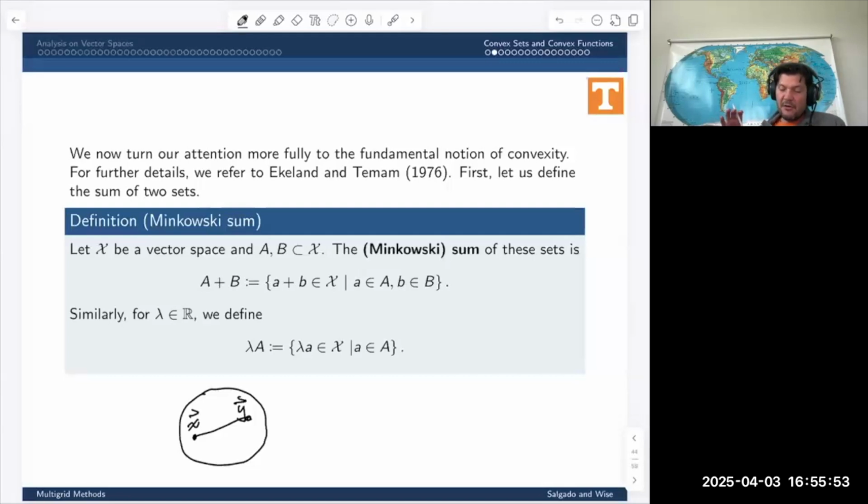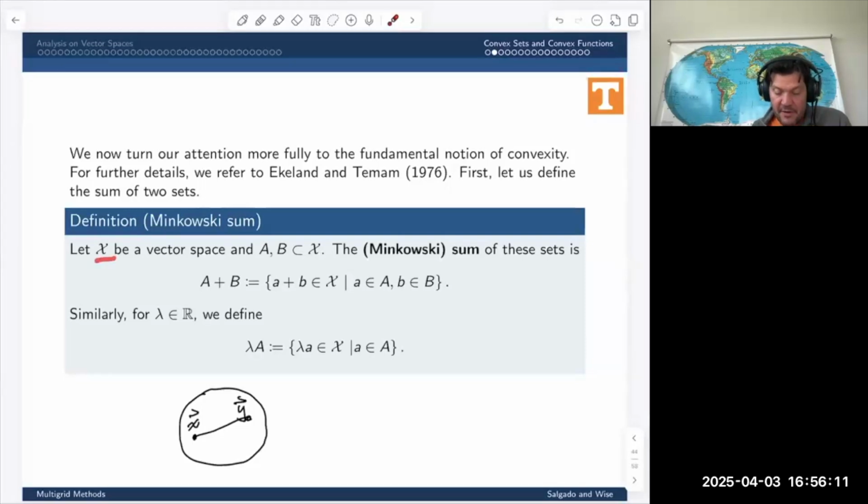But we want to now show that a bunch of new sets that we can create, if we assume that the underlying sets are convex, will also be convex. So let's start off with this thing called the Minkowski sum.